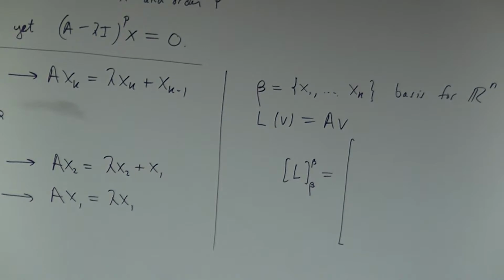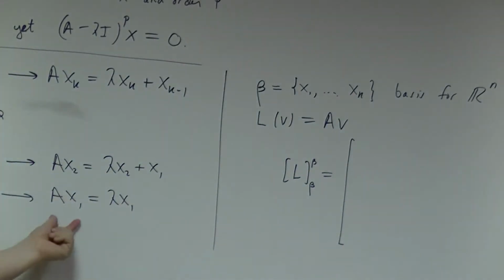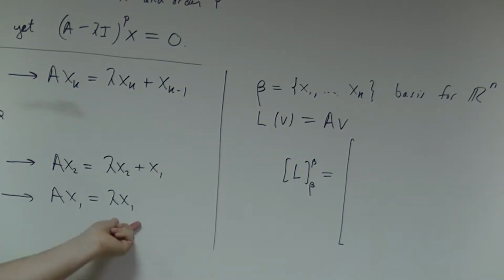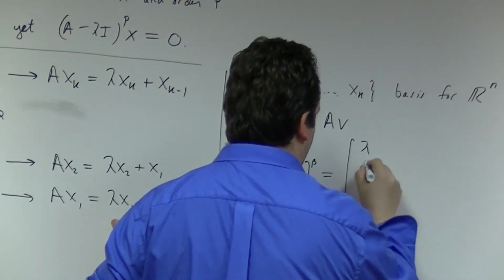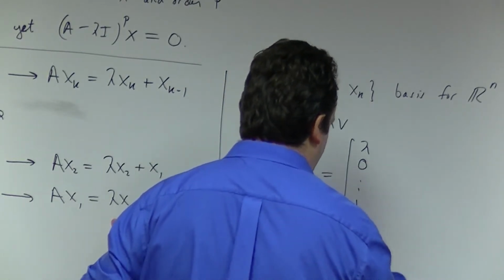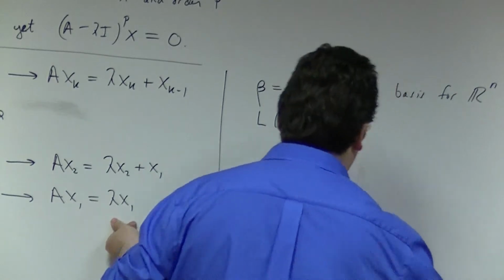So this tells me that Ax1, the linear transformation L of x1, is equal to lambda x1. But if x1 is the first thing in the basis, that just gives me lambda e1.